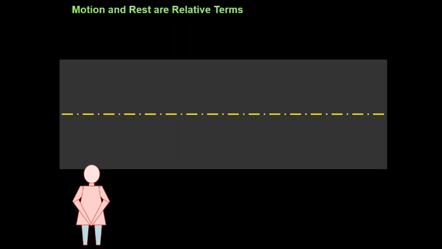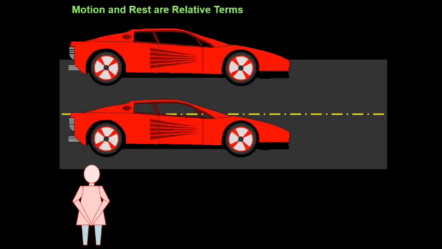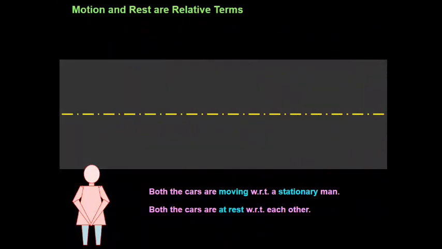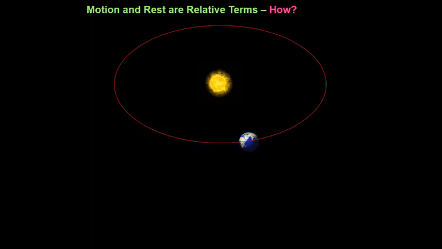Another car is also moving with respect to the stationary man. Now both of the cars are moving. Both of the cars were at rest with respect to the stationary man initially, but when they move at the same speed, both the cars are at rest with respect to each other, but the man says that both the cars are moving. Motion and rest are relative terms.